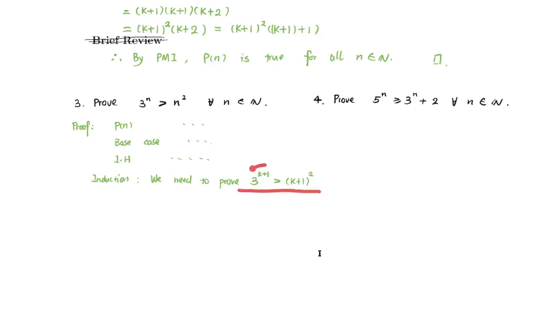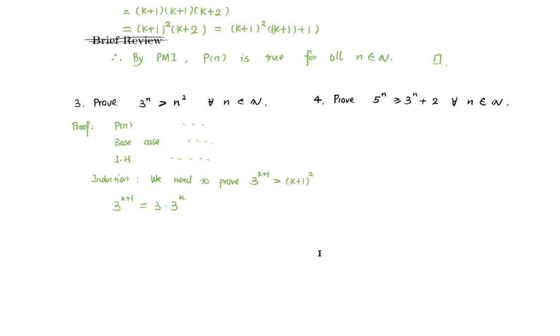So let's start from this side. 3 to the k plus 1, we can write it as 3 times 3 to the k. Why do I do that?